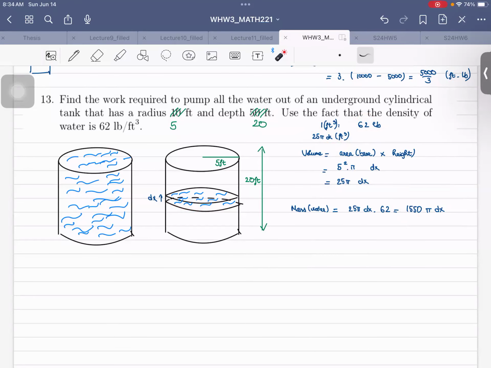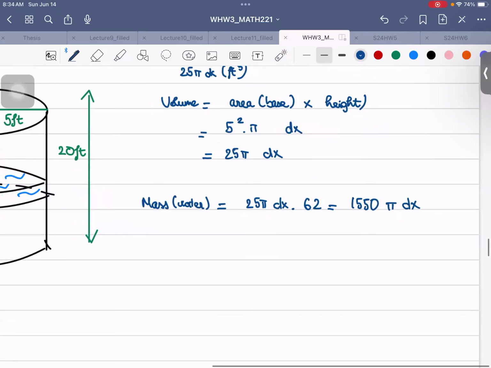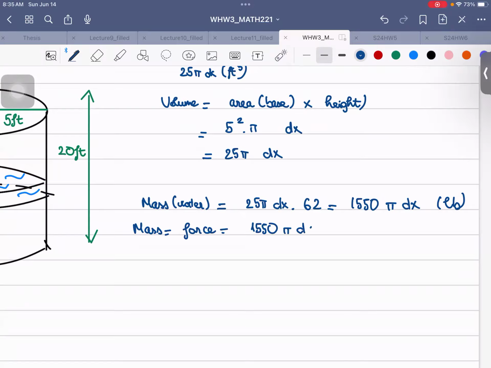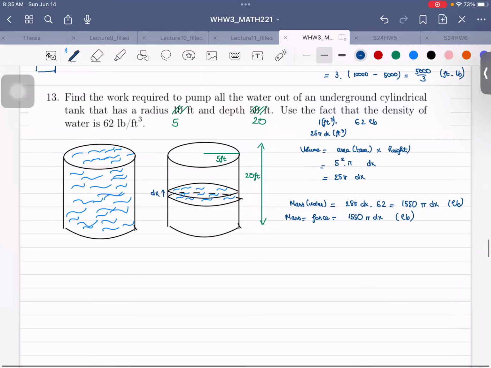Because the unit you have is pounds, it is also the amount of force that you need. If the unit is pounds, then the weight is also the force, and you have 1550 pi dx pounds.